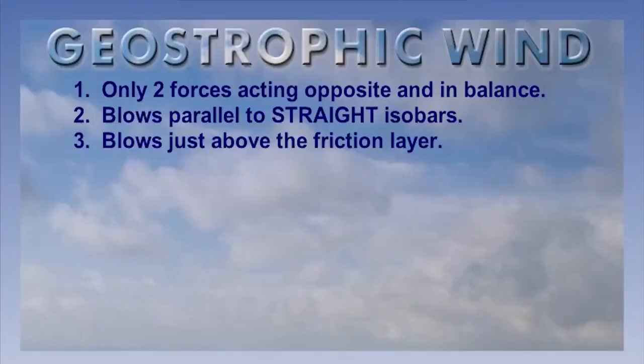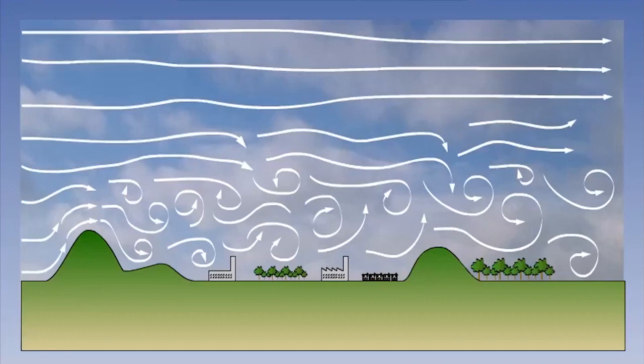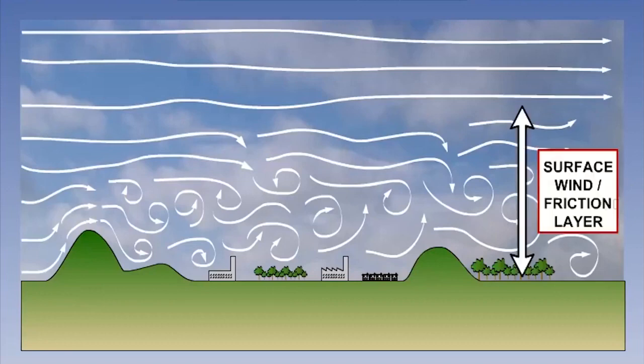We have now learnt how to calculate the direction and speed of the geostrophic wind. But what we also need to know is at what height it blows. If you remember from the lesson on turbulence, there was a layer of air moving close to the surface that was disturbed and slowed due to the friction of the surface.